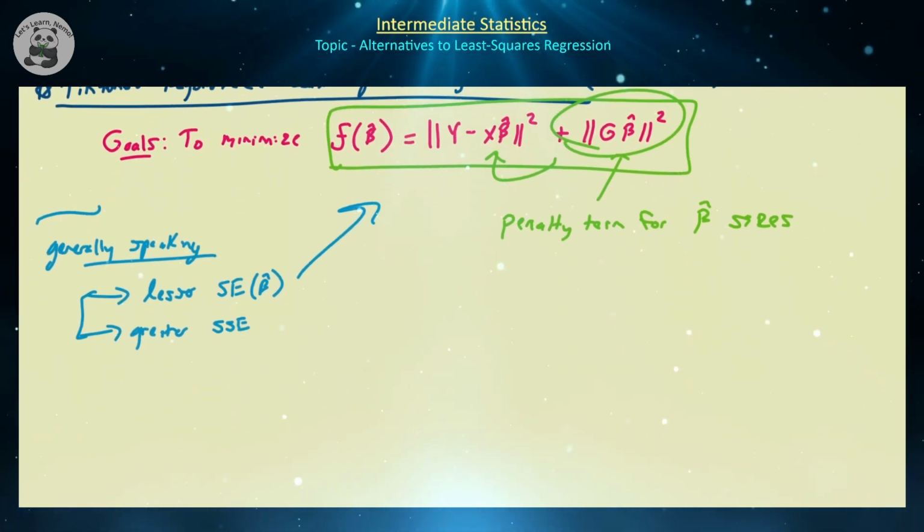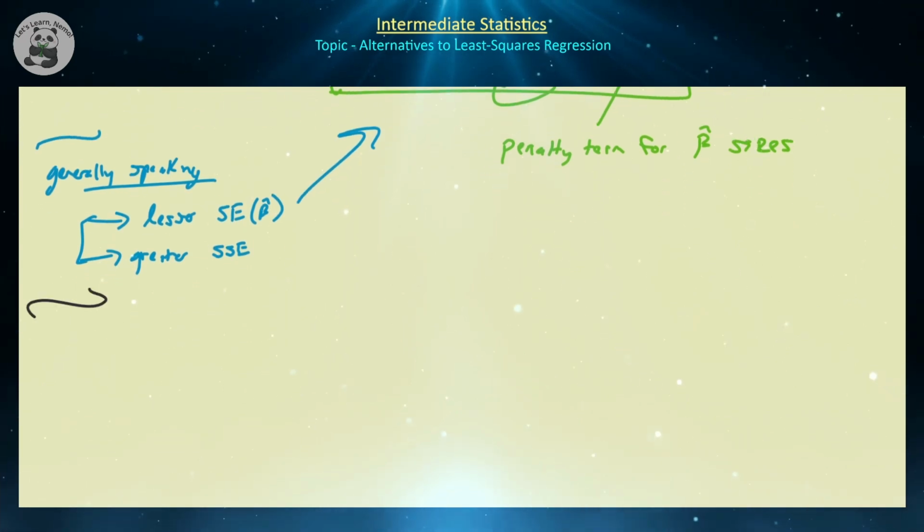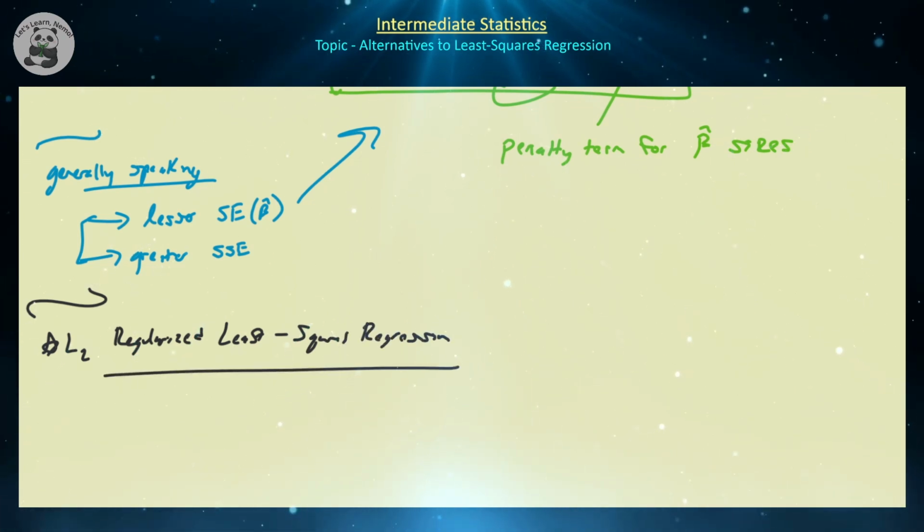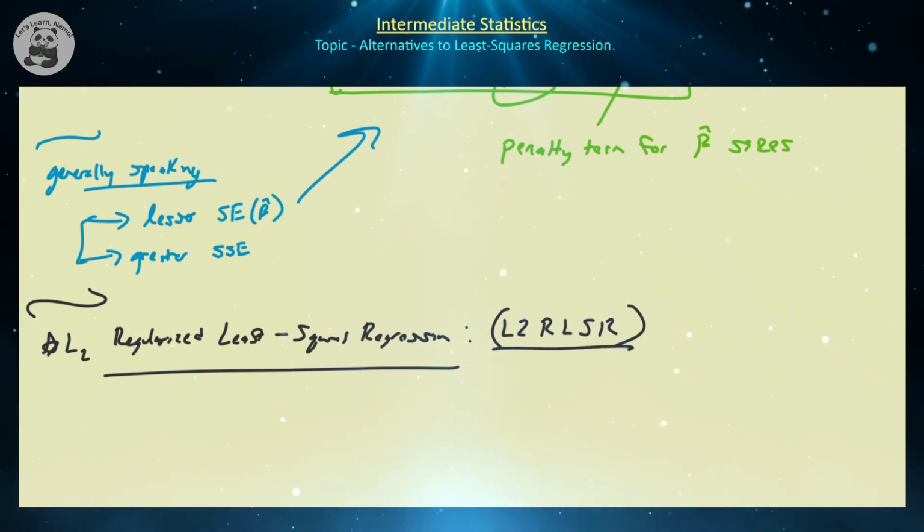So one special case of this class of least squares regression is what we refer to as the L2 regularized least squares regression. Right, and we can call this, for example, L2 regularized least squares regression, if you really want to label it something.